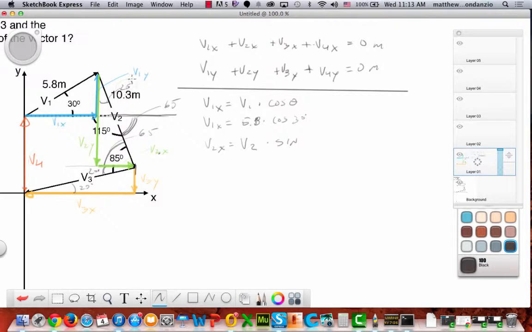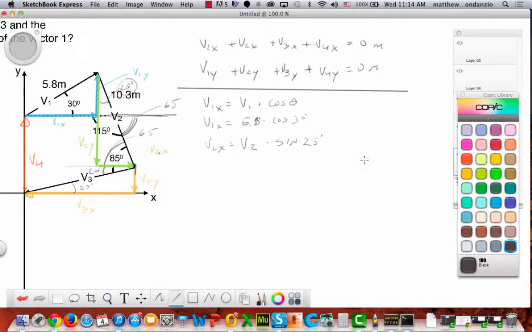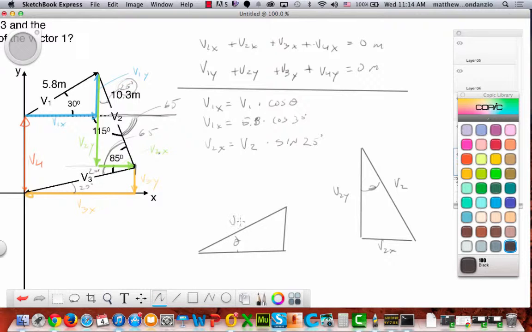It's up here, look: 25 degrees. You see this? This is your v2, this is v2y and v2x. But since your theta is up here, it's like I took this and rotated it. Where this is theta, this is my v2, this is my v2y, and this is my v2x. Do you guys see that?